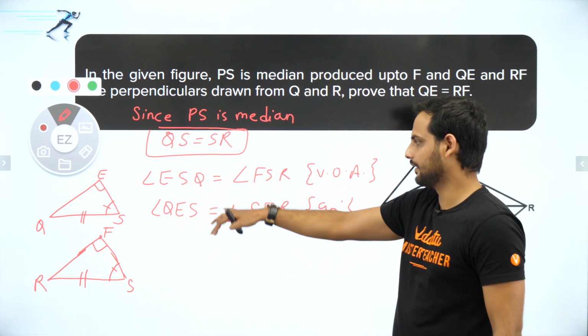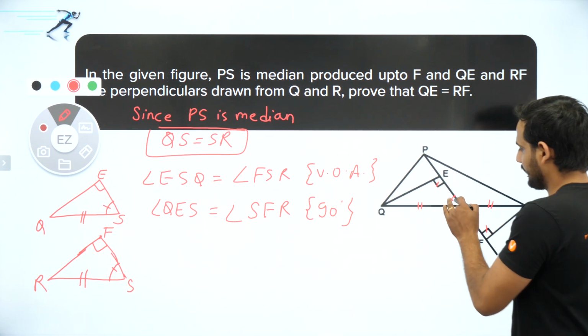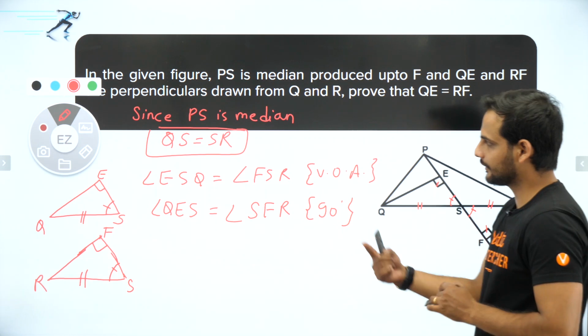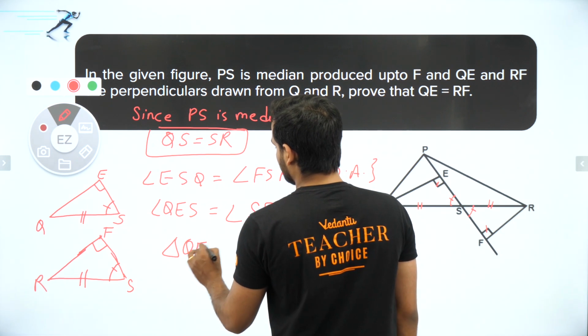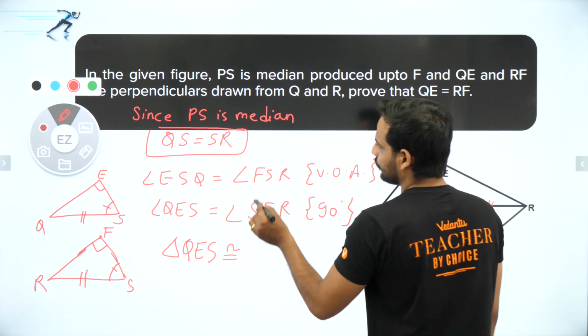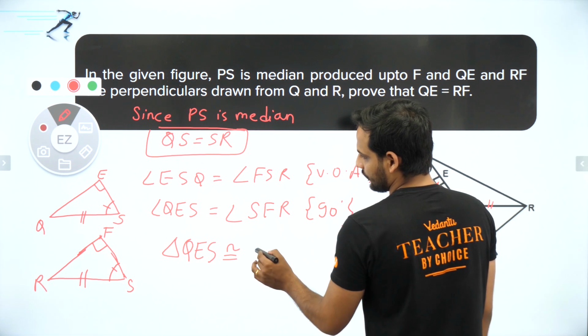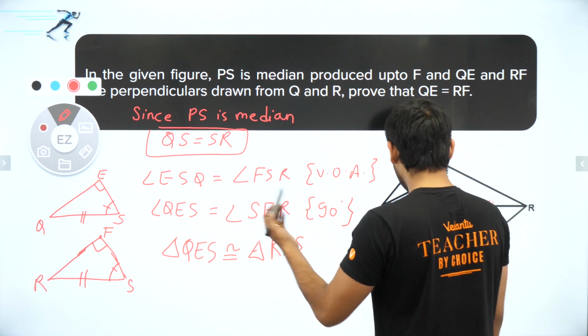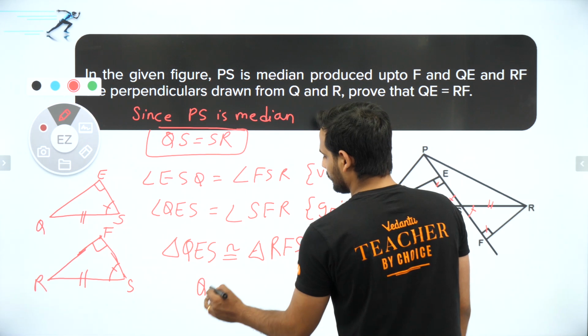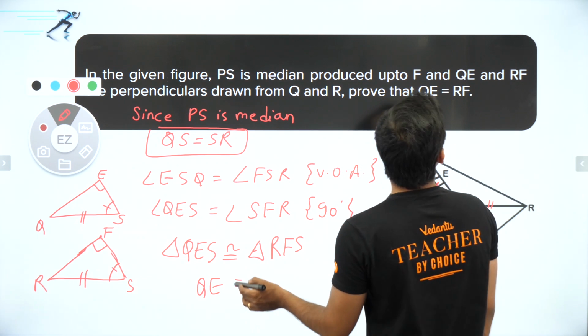You can write it angle side by angle side. So by this I can say my triangle QES is congruent to triangle RFS. So by this, by CPCT, I can say, sir, my QE will be equal to RF.